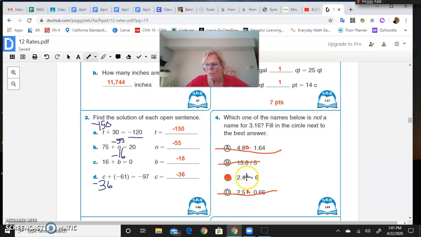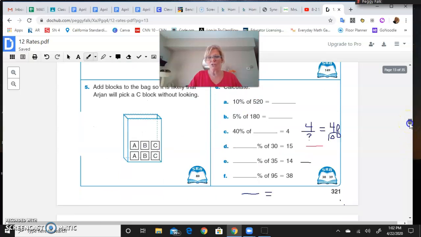Here, I knew right away if I do 7 times 6, I'm going to get 42. Well, this does not end with 2, right? So I knew that's my answer because that's not going to be a name for $3.16. And then again here, I added a 0 to make it $2.50 plus 66 cents, and that does equal 16. So kind of process of elimination.